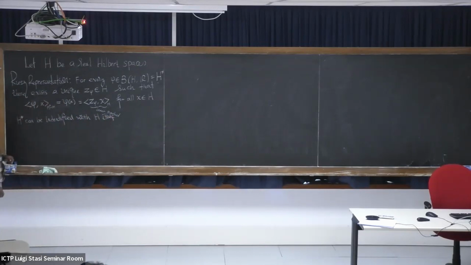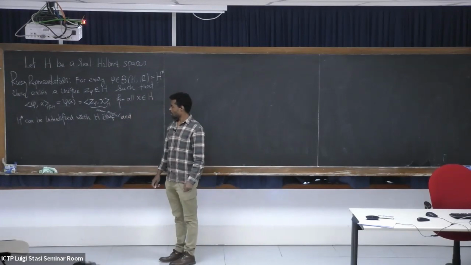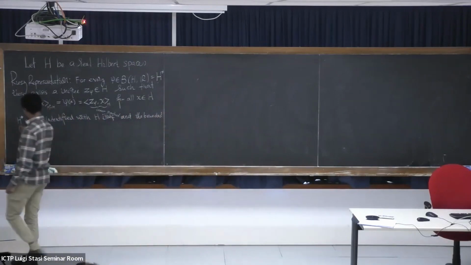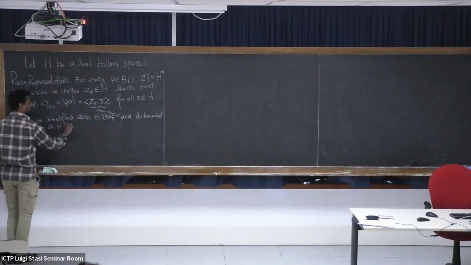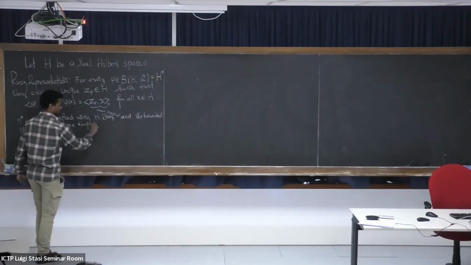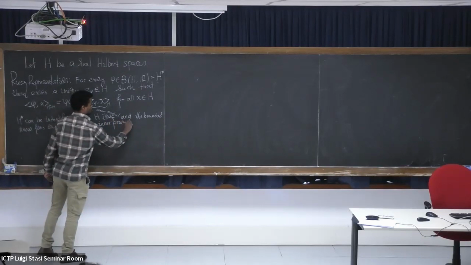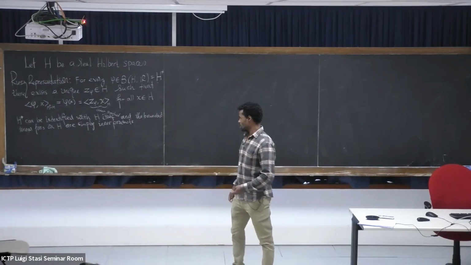With this relation, the dual of the Hilbert space can be identified as the Hilbert space, and the bounded linear functionals on H are simply inner products.